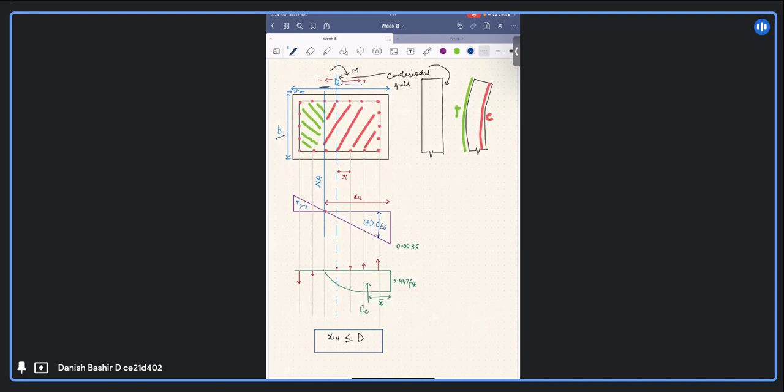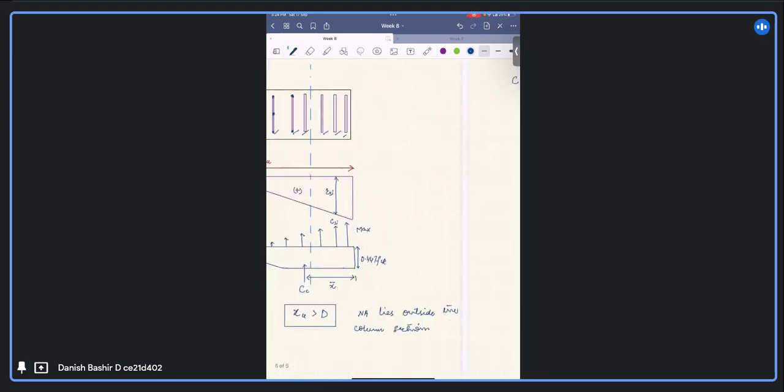This stress block, for example, when we have to take this compressive force taken by the concrete, we have to integrate this area. You remember from flexure that the A factor comes out to be 0.362 FCK, but here it will be a different case, because our neutral axis may lie inside the column or outside the column section.